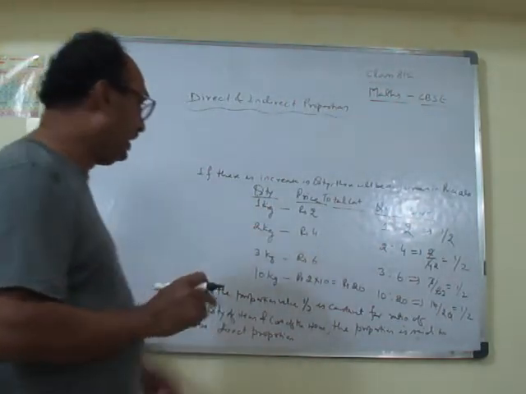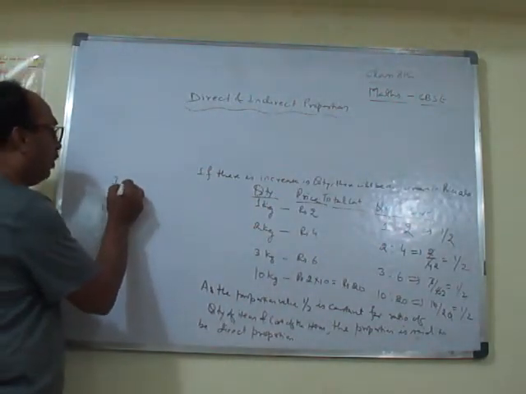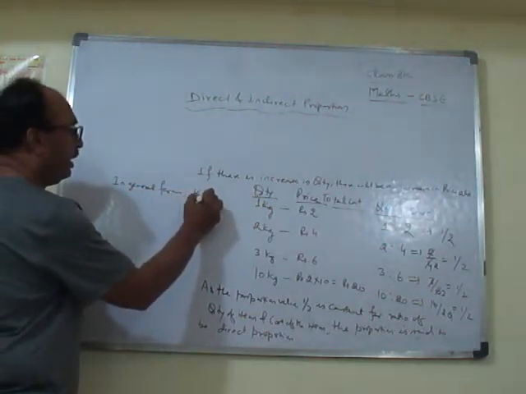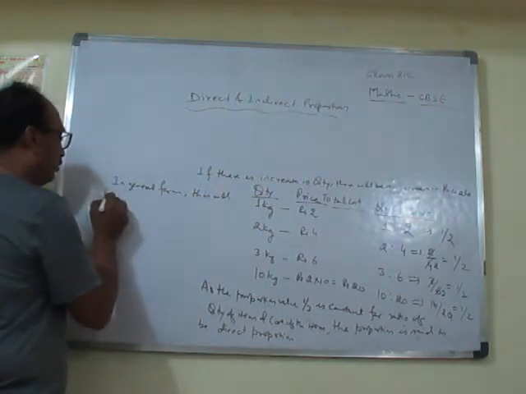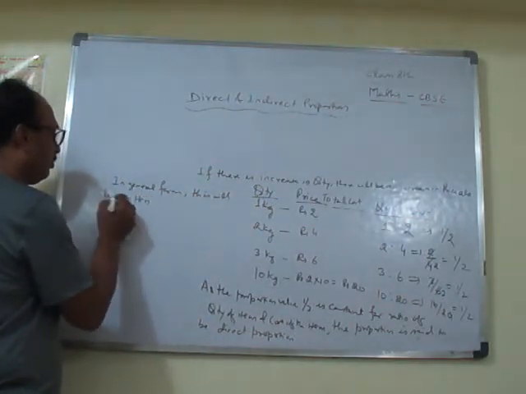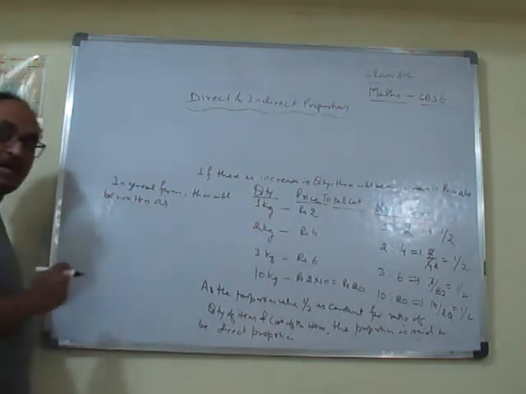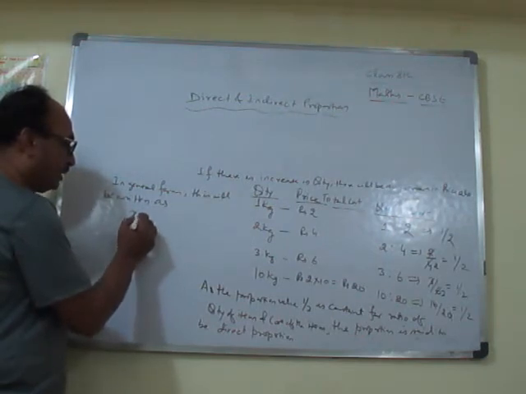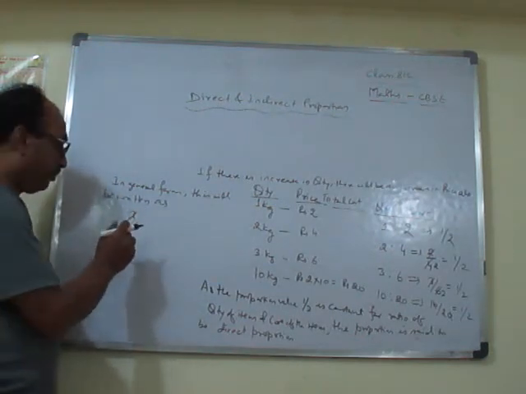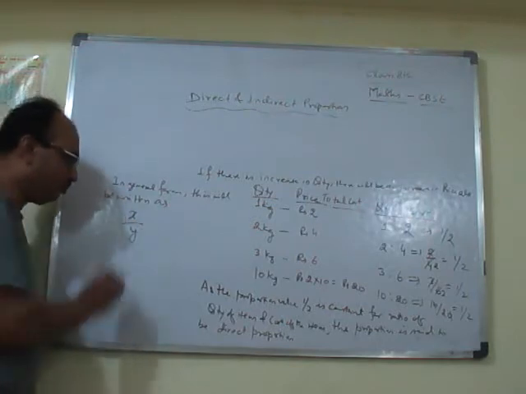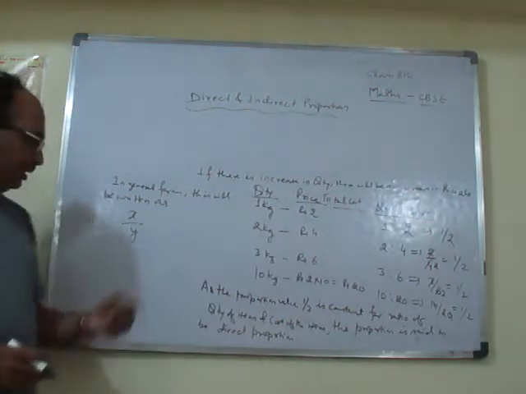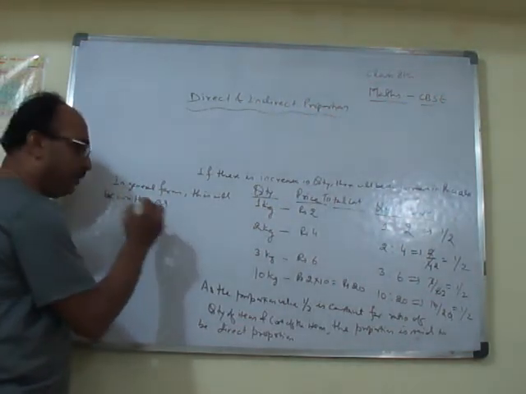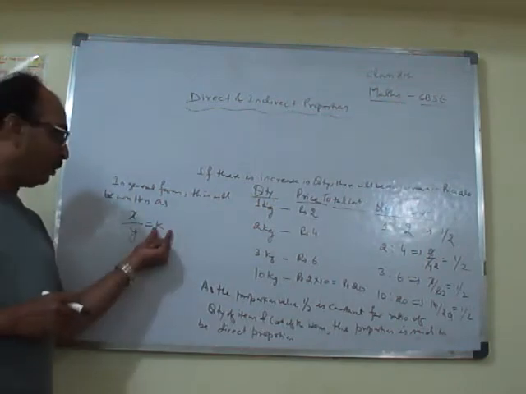So in general form, suppose x is to y, x by y, let x be the quantity and y the cost. Then x by y will be equal to k, a constant value.